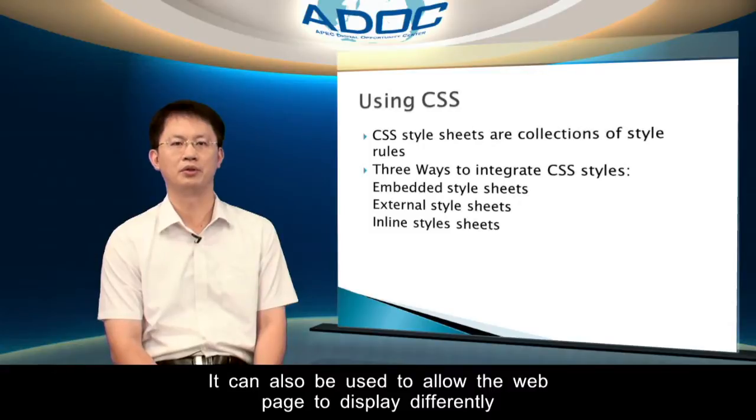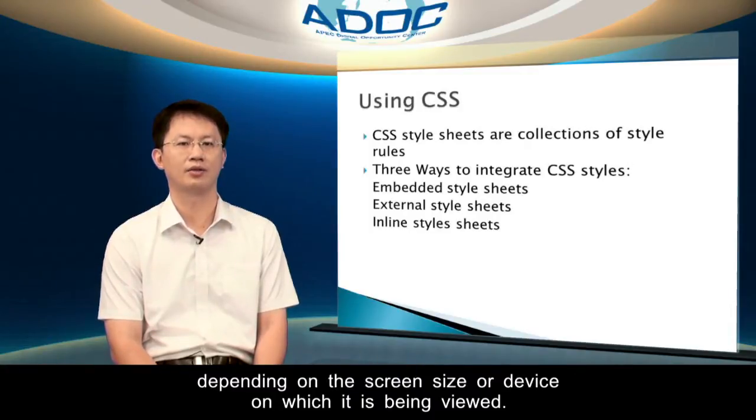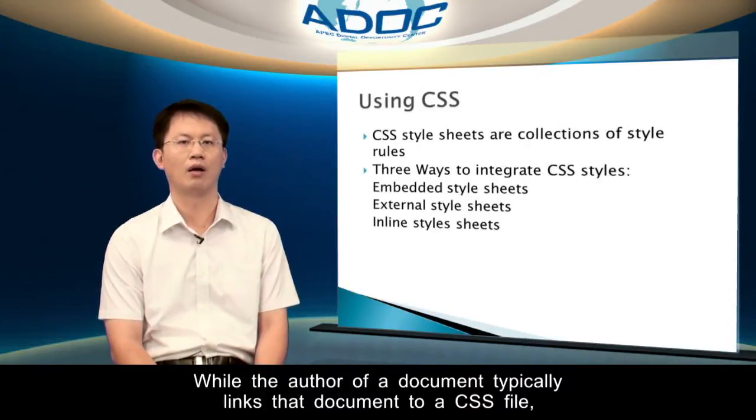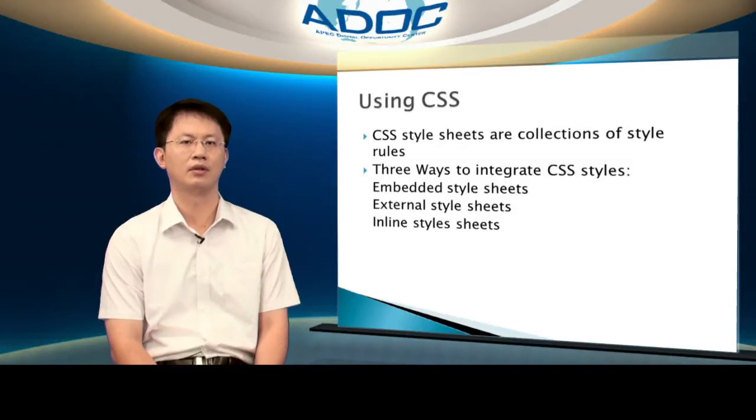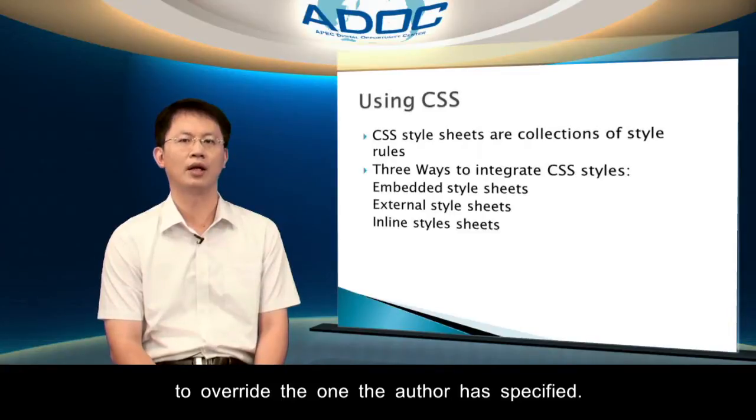It can also be used to allow the web page to display differently depending on the screen size or device on which it is being viewed. While the author of a document typically links that document to a CSS file, readers can use a different style sheet, perhaps one on their own computer, to override the ones the author has specified.